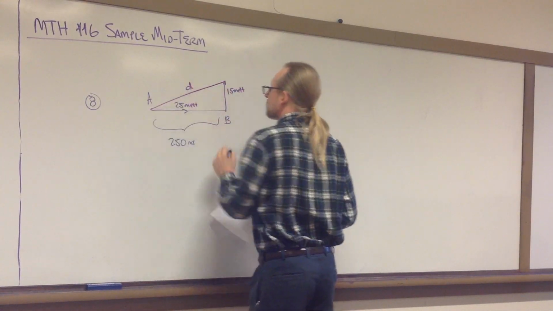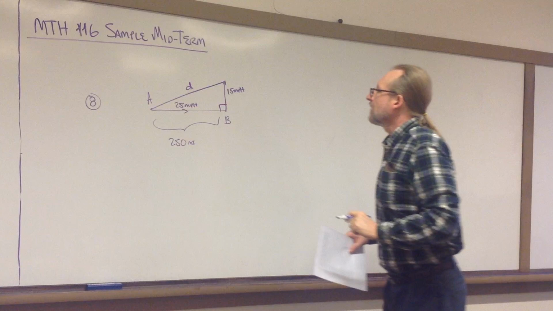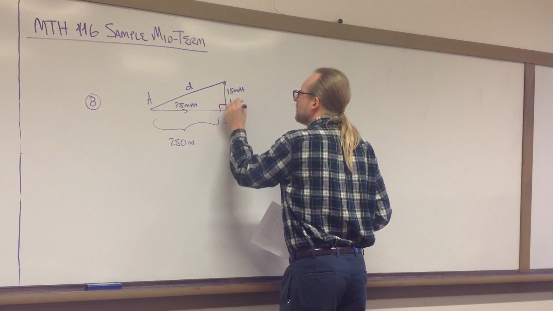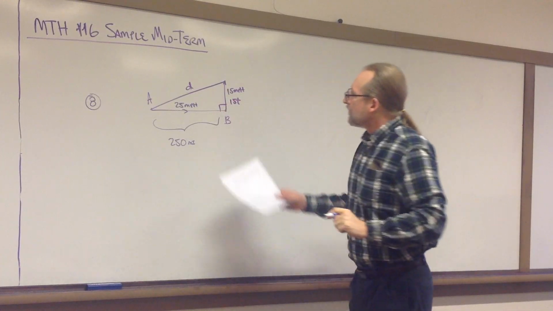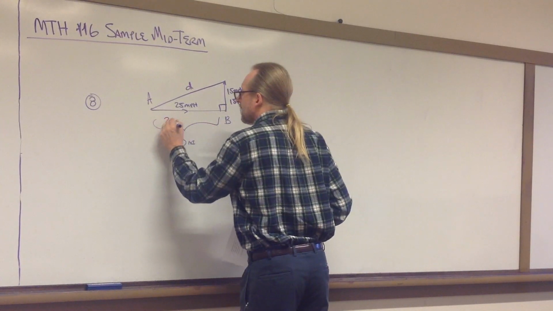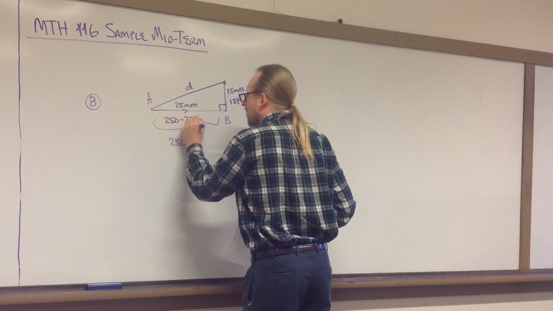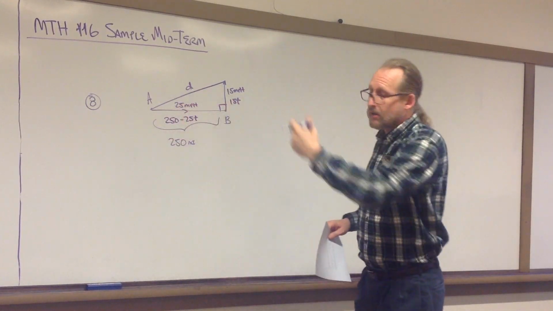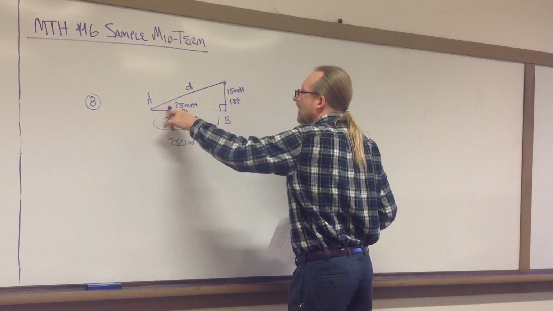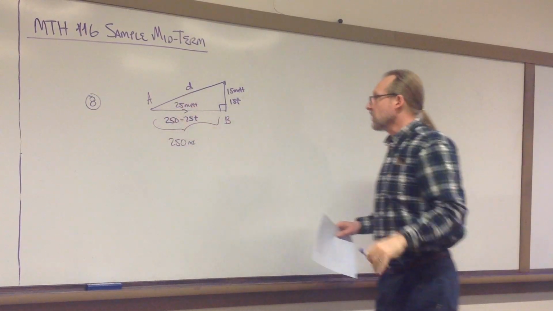So here's our distance right here. That's a right triangle. So this side for B is just going to be 15t. But this one here is going to be 250 minus 25t. Right, because it's getting smaller as time goes on. It starts at 250, and then it's 225, 200, 175, and so on.